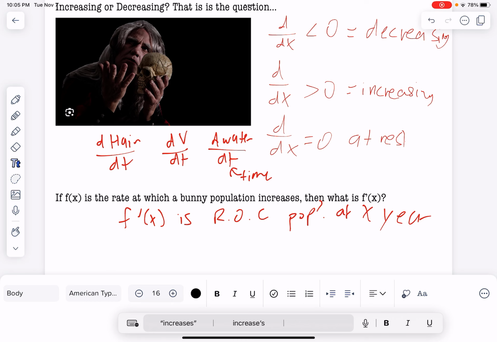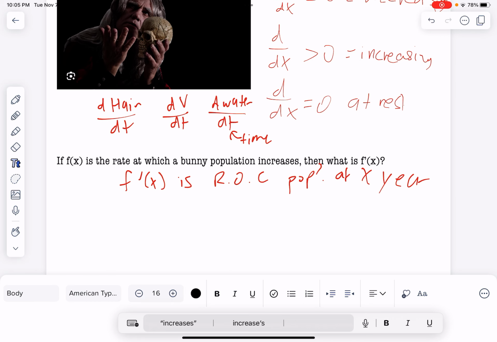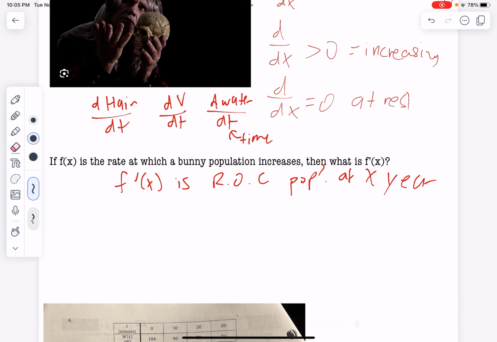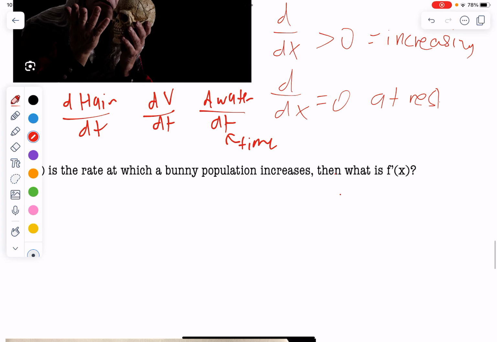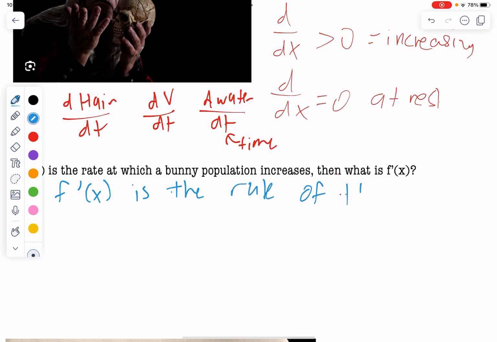This is interesting because we're told the derivative is the rate, but now f(x) is already the rate. This is one of the dumbest things you'll ever see: f'(x) is the rate of the rate.